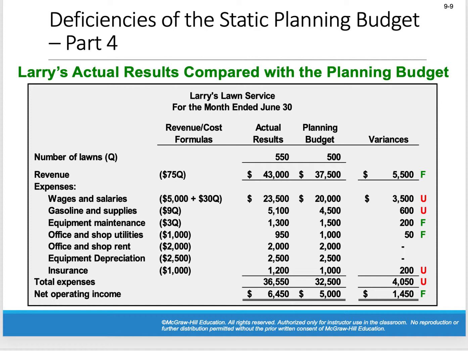It's not looking too good, because if you look on the far right under variance, we have a favorable revenue, we have unfavorable wages, unfavorable gas and supplies. Somehow we have favorable equipment maintenance and favorable office and shop utilities. Notice the fixed expenses, the rent and the equipment depreciation, there's no variance there. But for some reason, we have a variance in one of the fixed expenses, insurance.